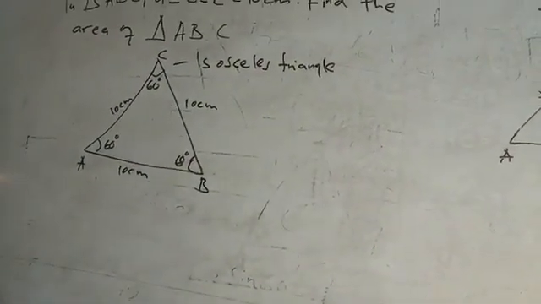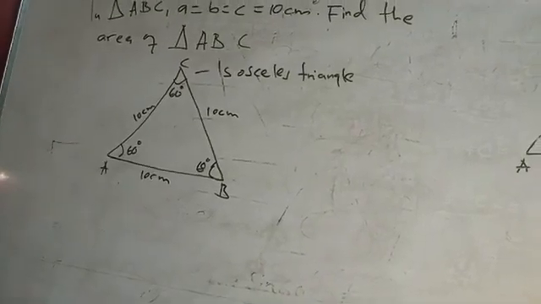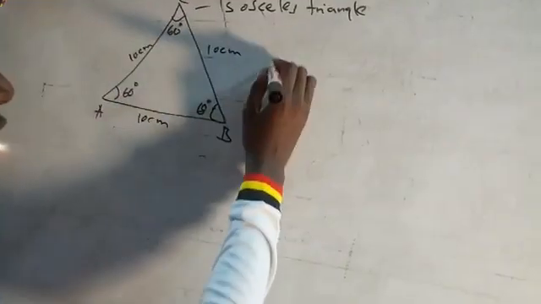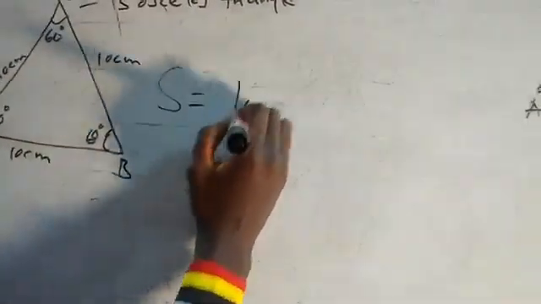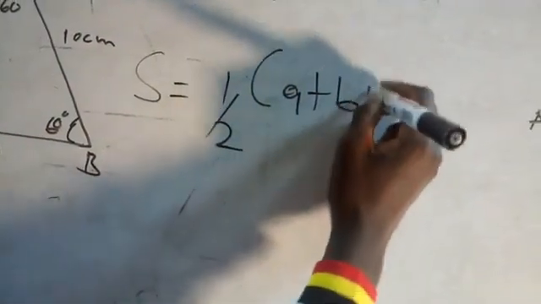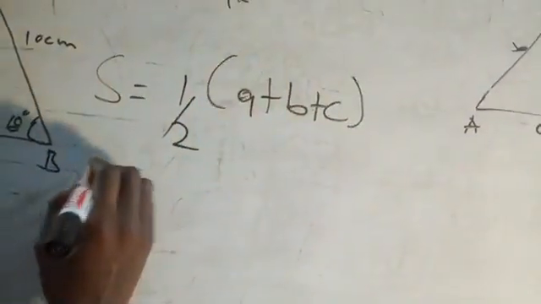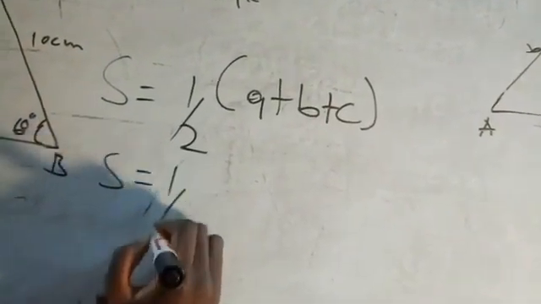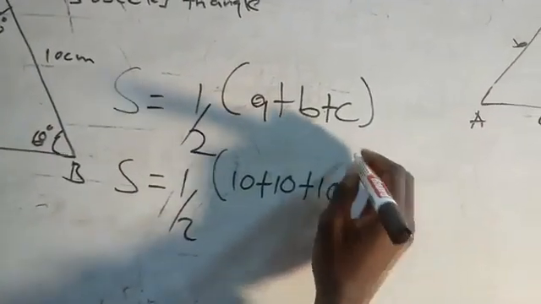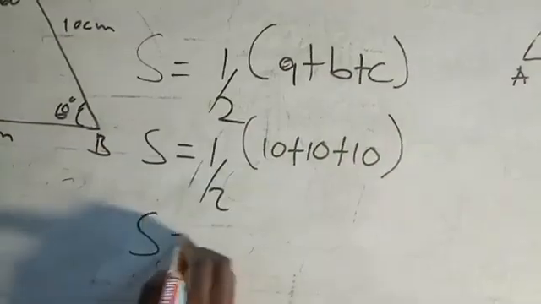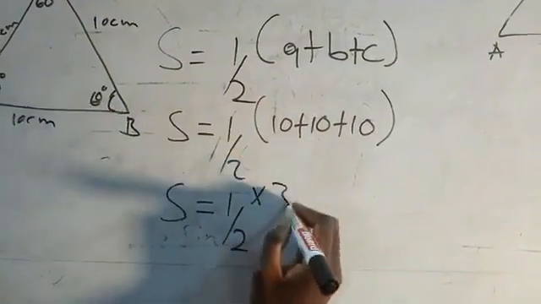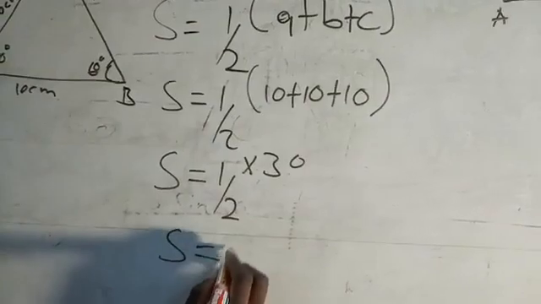So let's start by finding the value of S, which is S equaling a half into brackets A plus B plus C, becoming S equals a half into brackets 10 plus 10 plus 10, becoming a half times 30, S becoming 15.